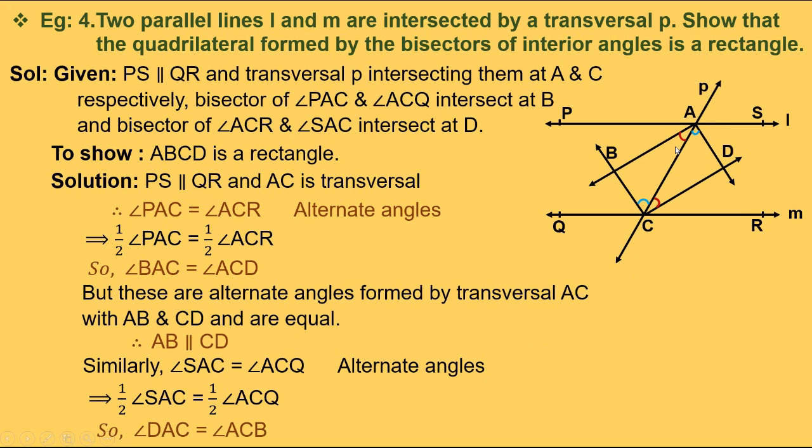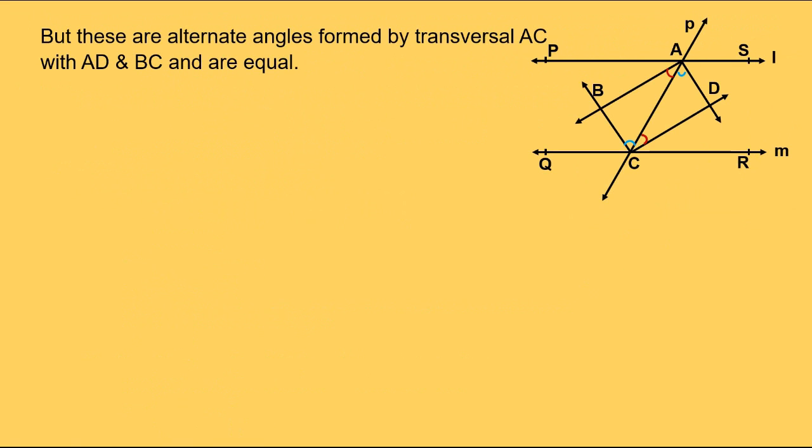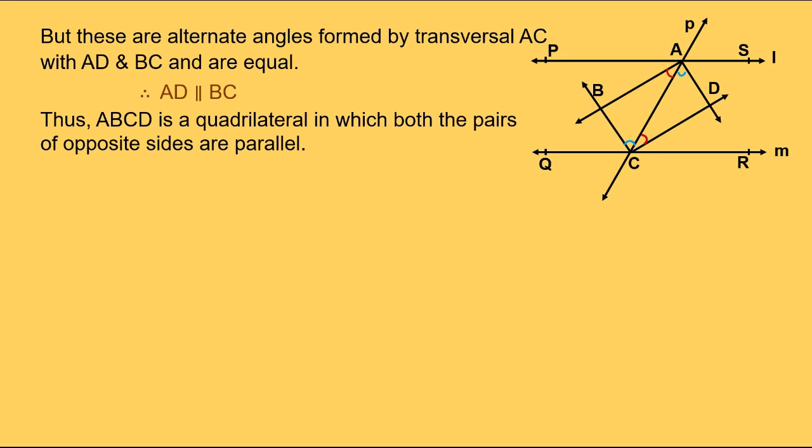But these are alternate angles formed by transversal AC with AD and BC and are equal. Therefore, AD is parallel to BC. Thus, ABCD is a quadrilateral in which both the pairs of opposite sides are parallel. Hence, ABCD is a parallelogram.